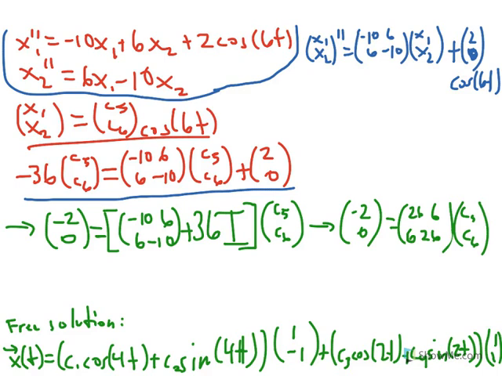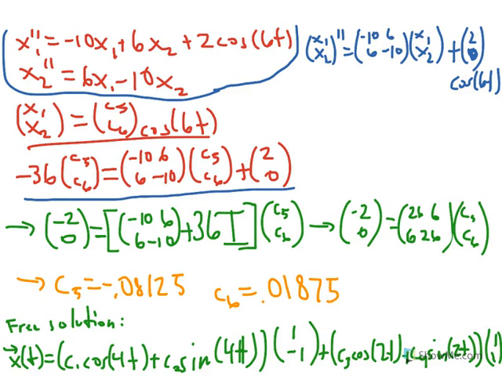And this is pretty easy to solve. After solving, we get C5 is equal to negative 0.08125. C6 is equal to 0.01875.